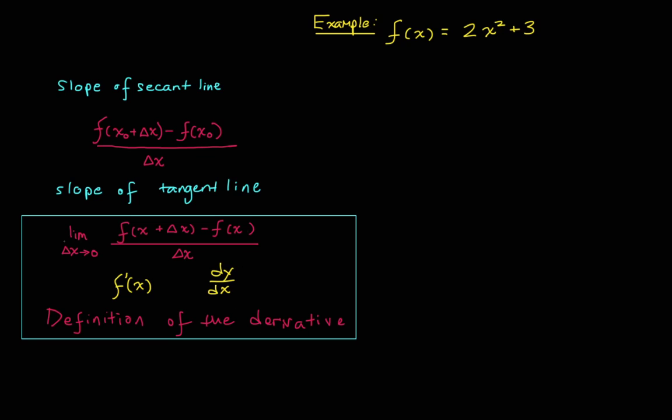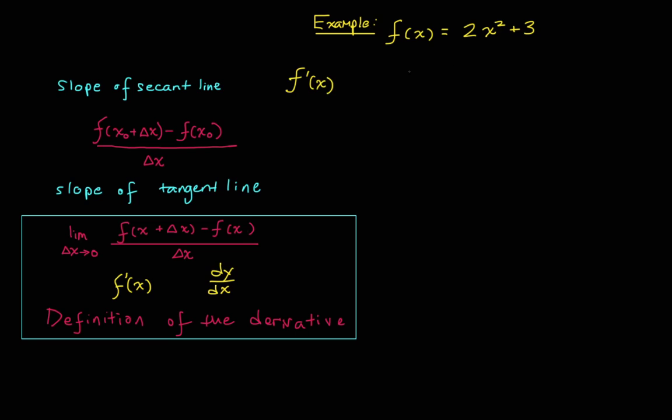So you would say f prime of x equals this, or dy dx equals this. And that means the same thing. So we're looking for a new function. It's not going to be just a slope. It's going to be a function describing all of the slopes. So we're interested in finding this f prime of x, the derivative.